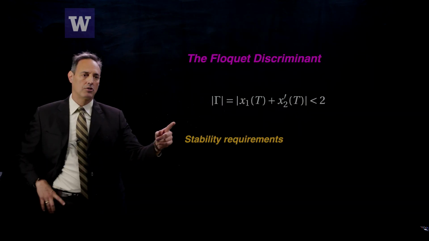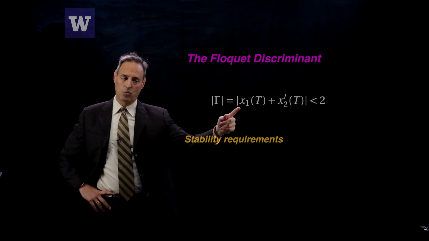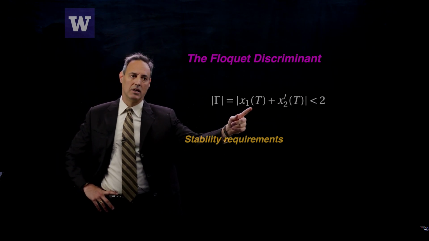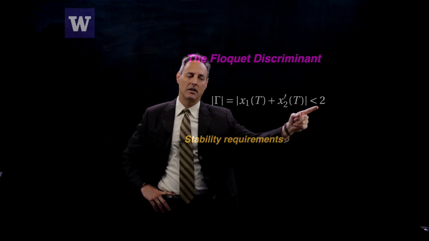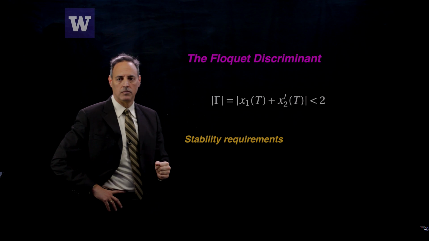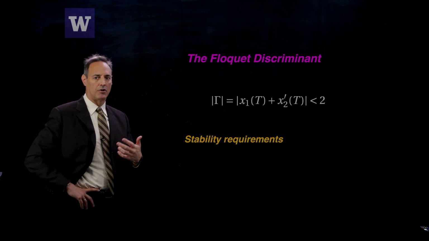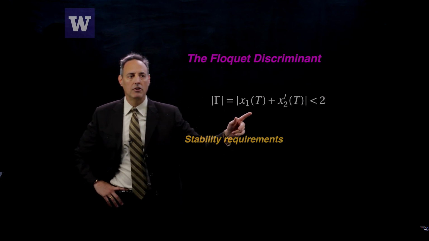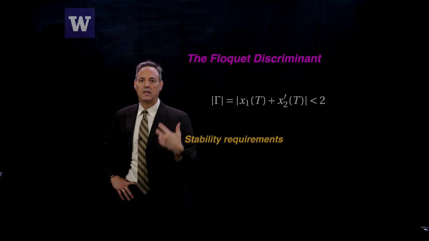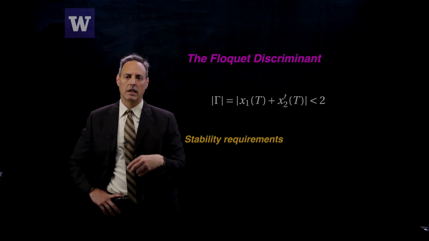And the Floquet discriminant, gamma, absolute value, is given by the solution x1 at T plus the derivative x2 at T, and this thing here has to be less than 2. So you can work this out, and this comes right from that quadratic equation. That's the stability requirement. The Floquet discriminant being less than 2 guarantees you stability. So that's what you're going after in this Floquet theory.